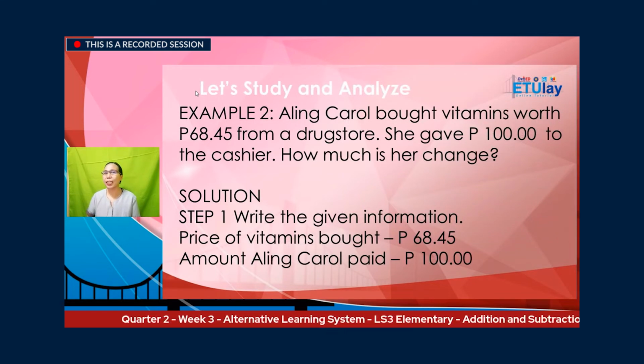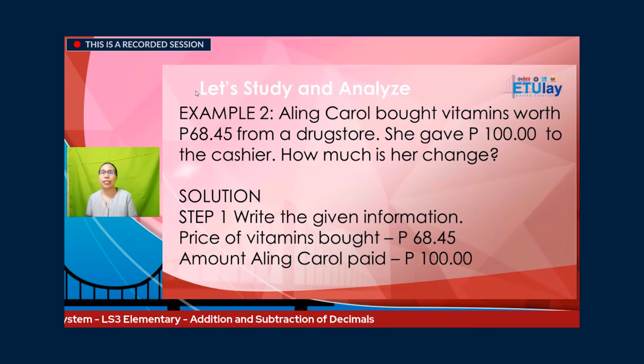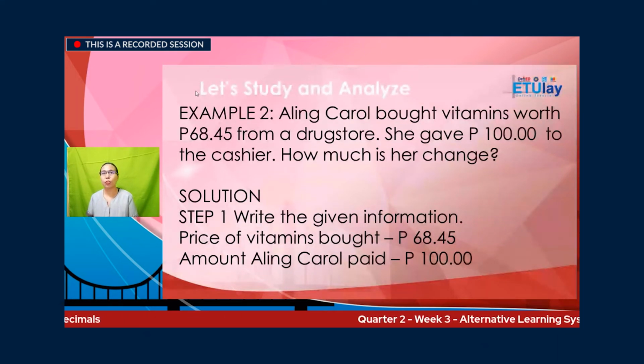Let's study and analyze the problem number 2. Aling Carol bought vitamins worth 68.45 pesos from a drugstore. She gave 100 pesos to the cashier. How much is her change?